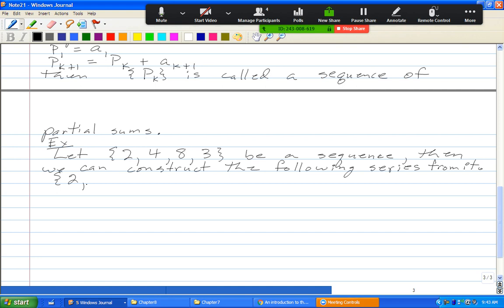2. And then we can do 2 plus 4, 6, plus 8, plus 3. It is 2. 2 plus 4. 2 plus 4 plus 8. 2 plus 4 plus 8 plus 3.